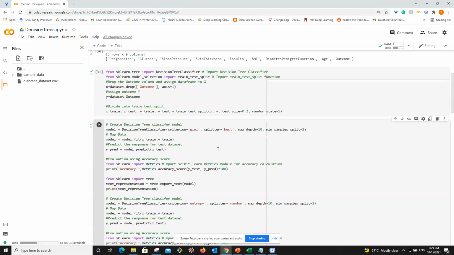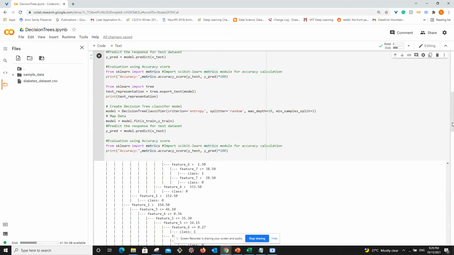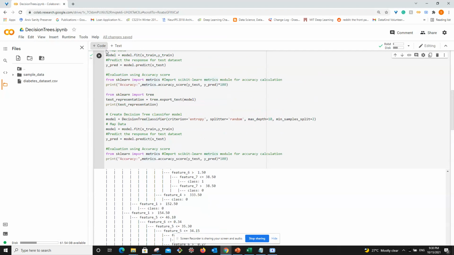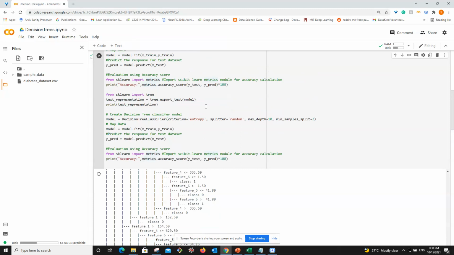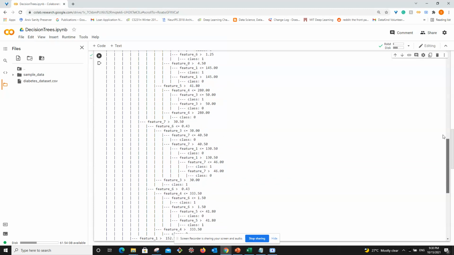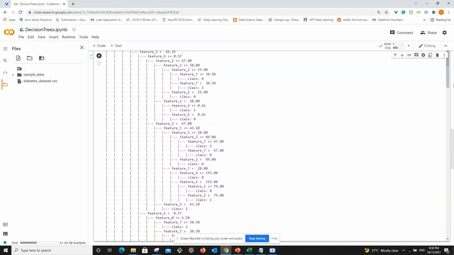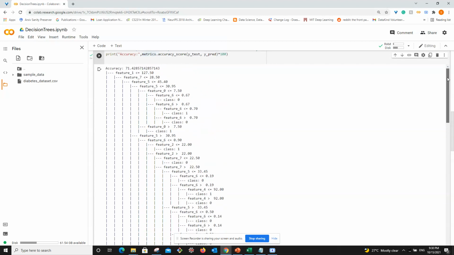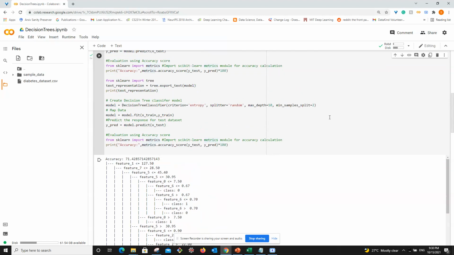So let's run. You would see there is a marginal difference, but not a big difference. I will comment out this visualization part for now so that we are able to see the results.